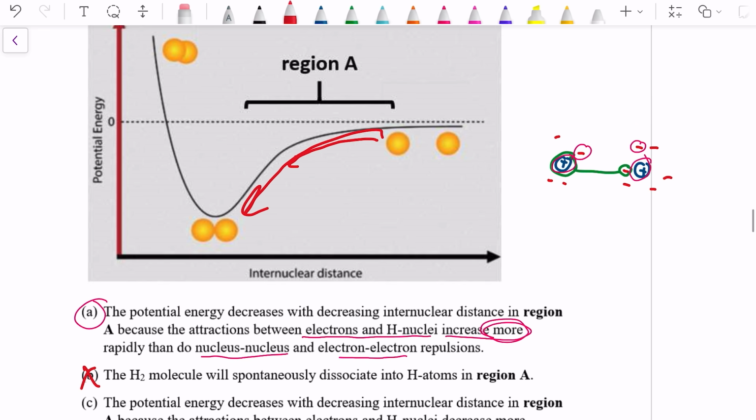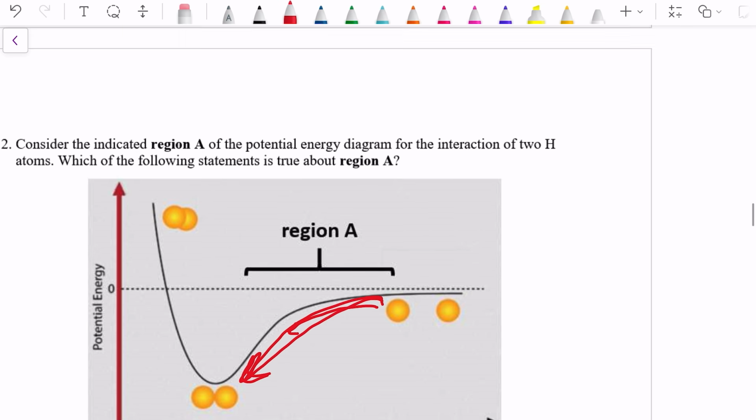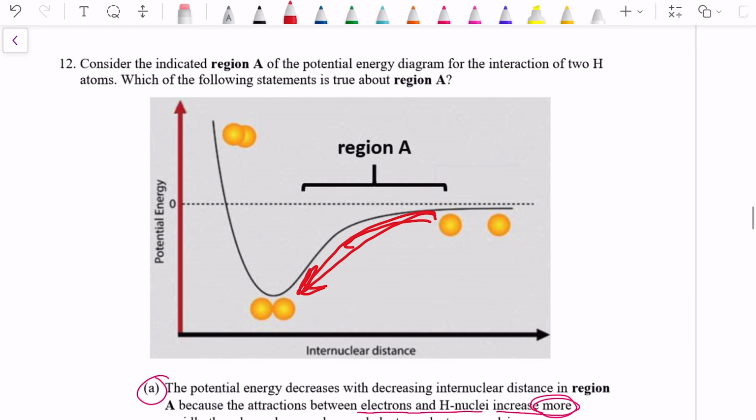And that's not the case. That would be the case, I believe, if we were going this way. Anyways, that's not the case. In this direction, we're forming the diatomic hydrogen, which has the positive and negative charges overcoming the opposite charges. So, what is this? 12A.